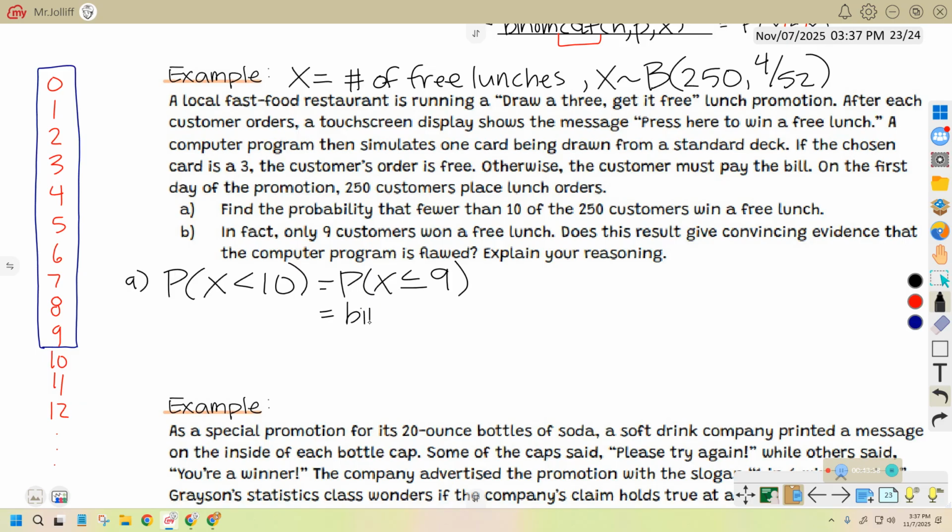I know that that's binom CDF or PDF? CDF, cumulative. My number of trials is 250. My probability of success is 4 out of 52. My X value is 9.